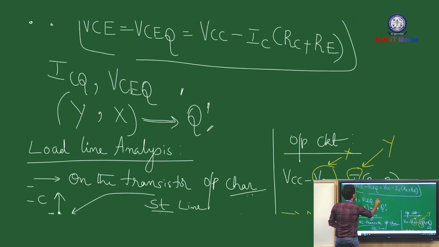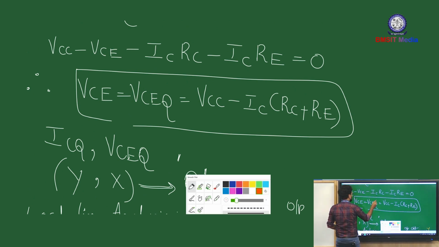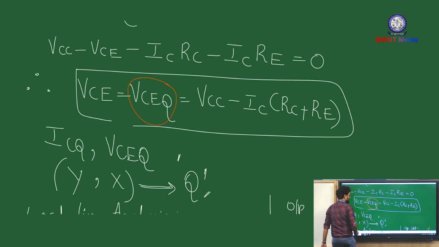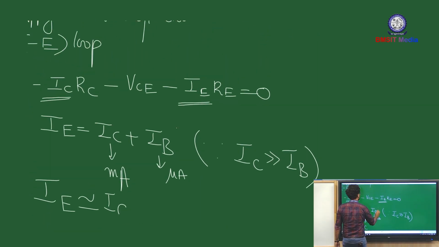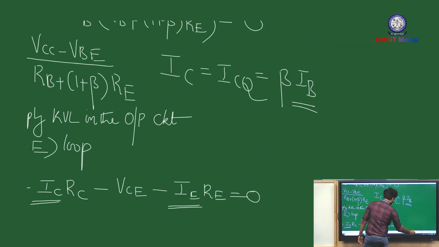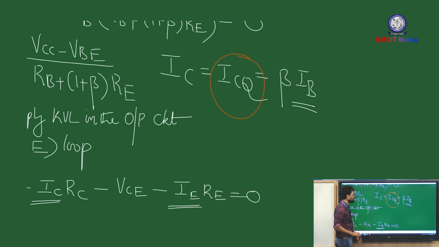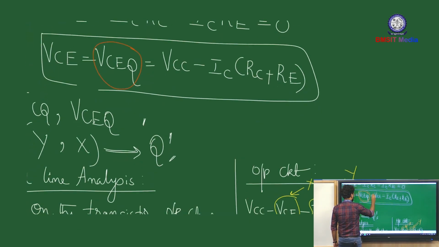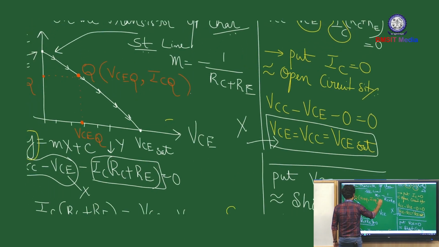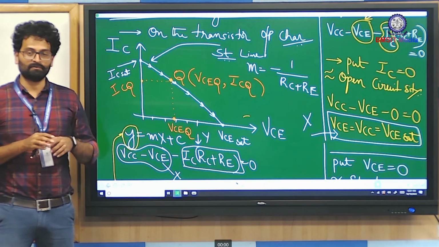You remember we found VCEQ, and we have also found the ICQ. When you place this information on the load line, you will get the location of the operating point, and by seeing the operating point you can decide whether it is lying exactly at the center of the load line or not.